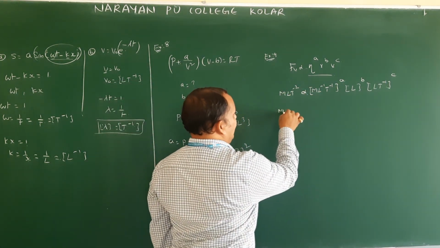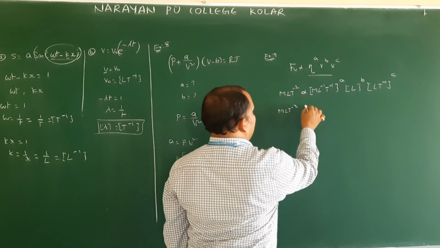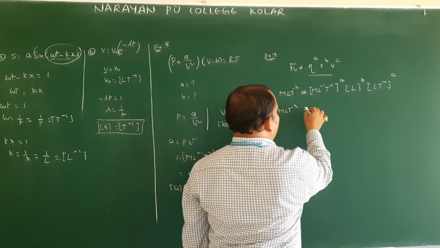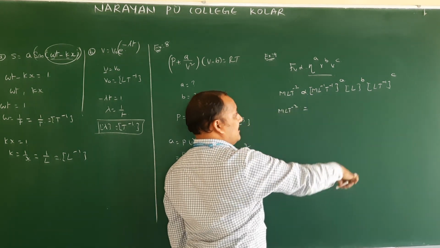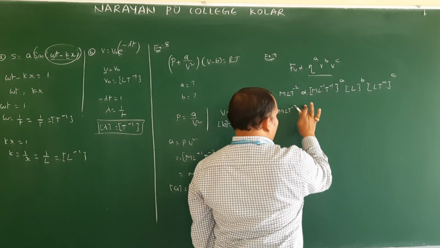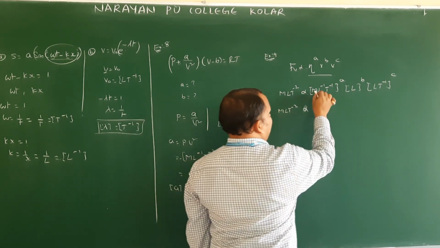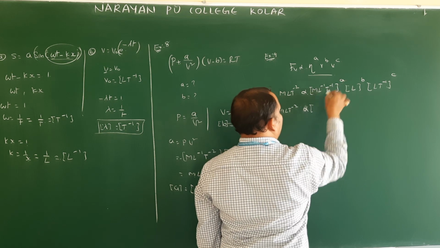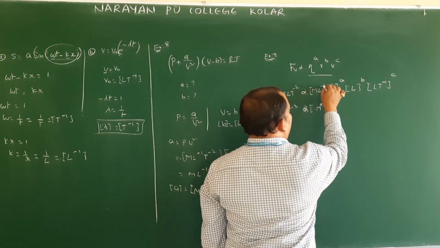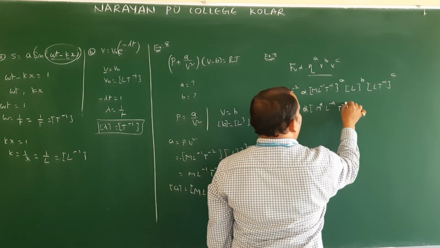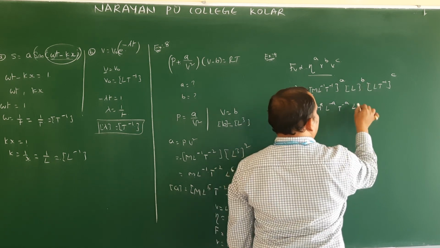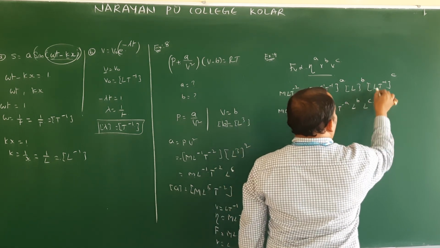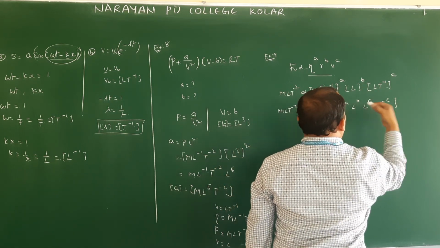Next, LHS M L T power minus 2 is equal to constant, you will write at the end, no problem. Expand this one: M power a, L power minus a, T power minus a. L power b, L power c, T power minus c.